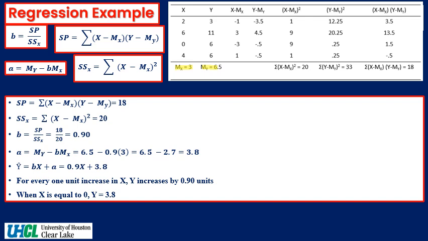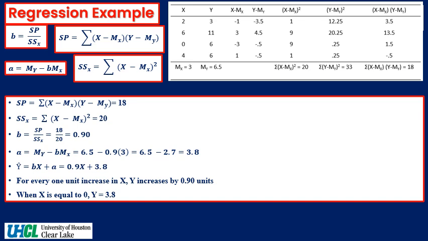So 2 minus 3 gives me negative 1, and we do that all the way down. We do something similar for y: we take our y value and subtract the mean of y, so 3 minus 6.5 gives you negative 3.5.